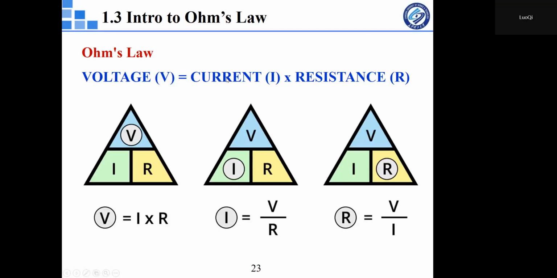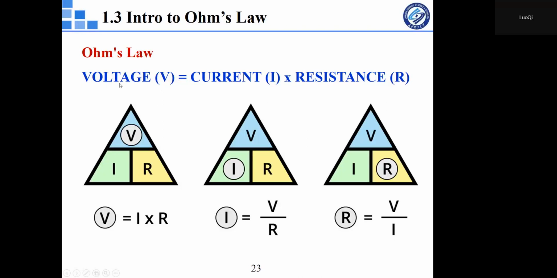The relation between them is known as Ohm's law, named for Georg Simon Ohm, who discovered it. The relationship between voltage, current and resistance is known as Ohm's law.